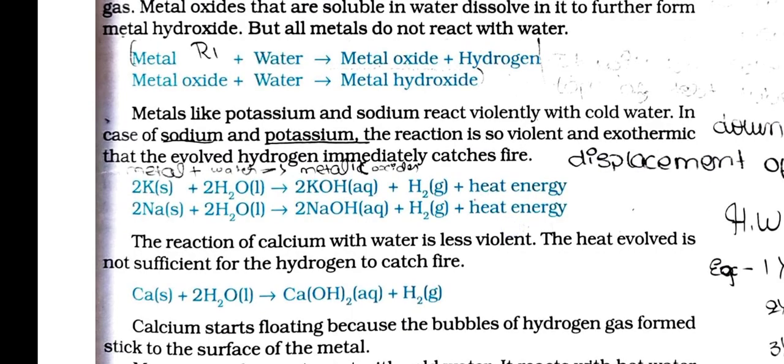Potassium and sodium, they react with the cold water and form KOH and NaOH. They are nothing but the hydroxides and give out the hydrogen gas.